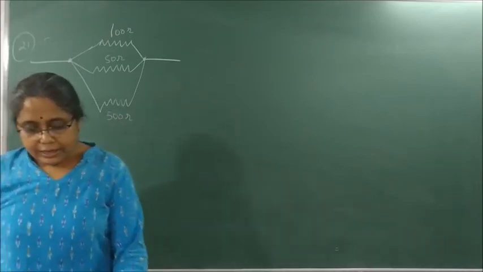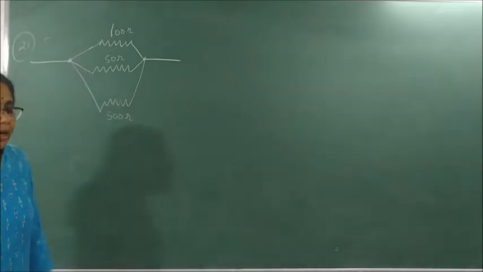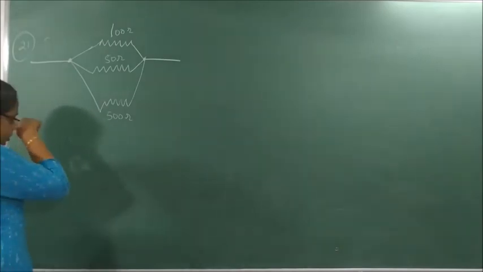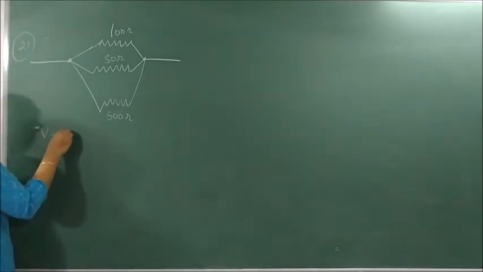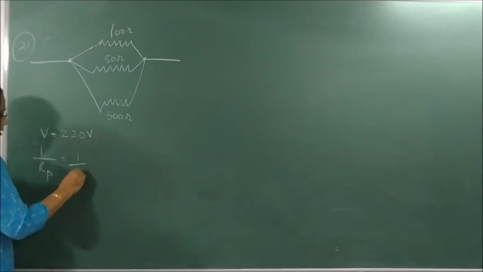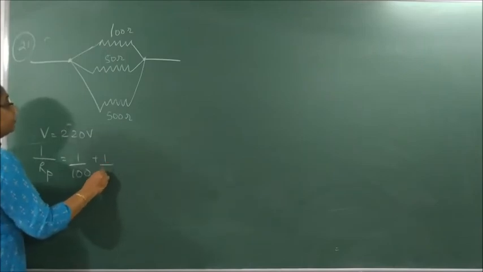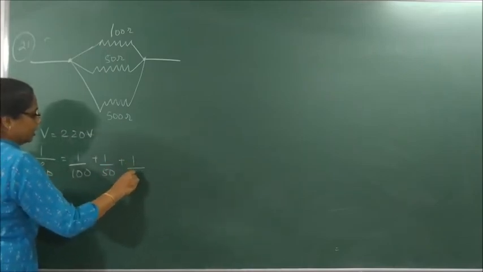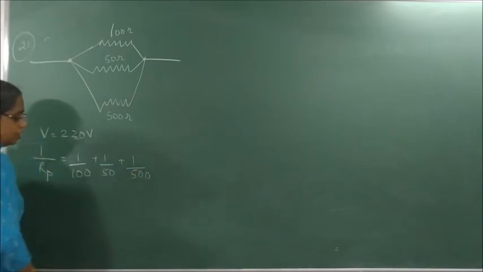These are connected in parallel to a 220 volt source. So V is given as what? 220 volt. What is our total Rp? 1 by 100 plus 1 by 50 plus 1 by 500.